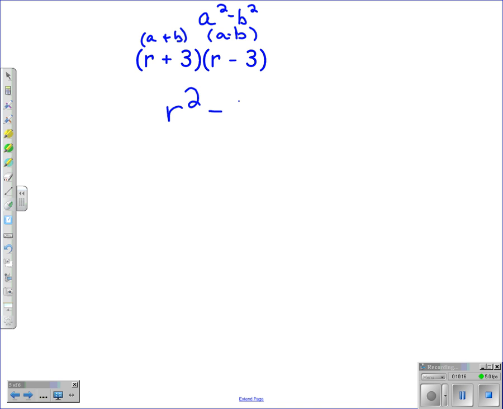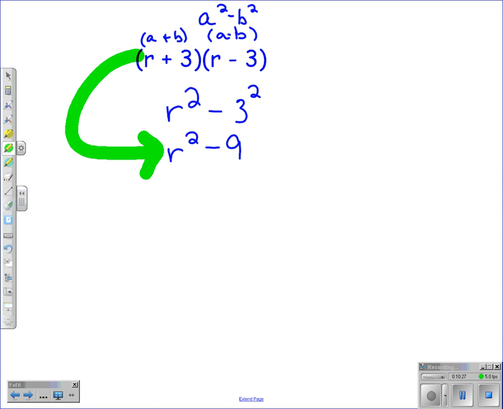My B is 3, and 3 squared, I have to simplify this, make it r squared minus 9. I hope that you are able to go right from the r plus 3, r minus 3, directly to the r squared minus 9. Think 3 squared, write the 9 down.